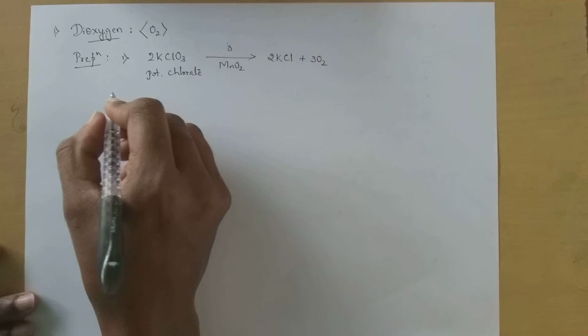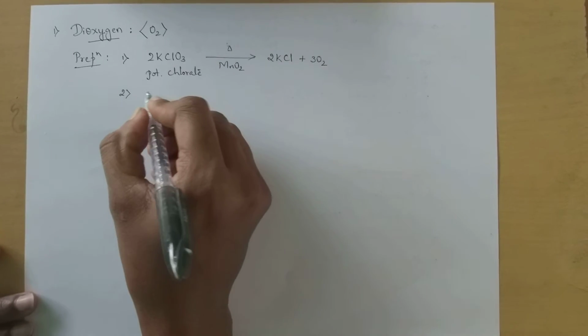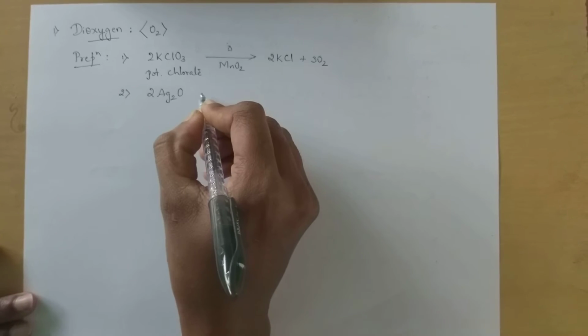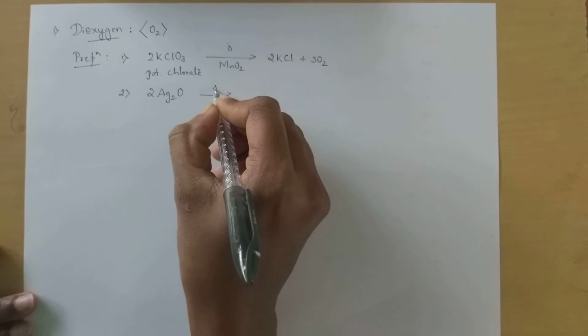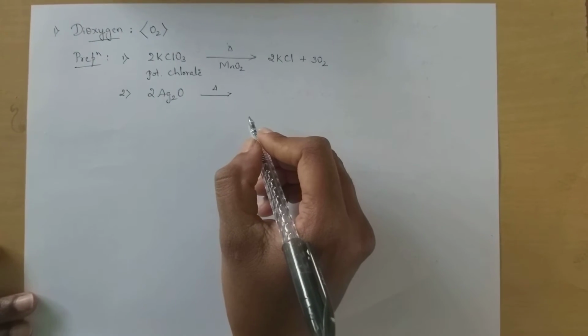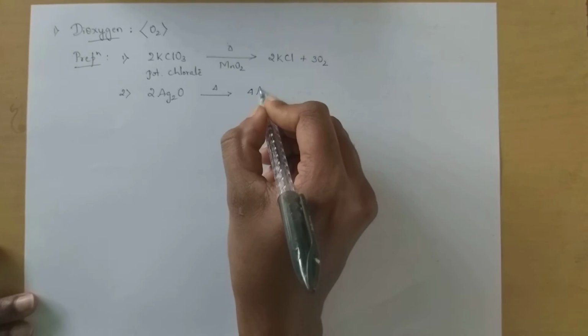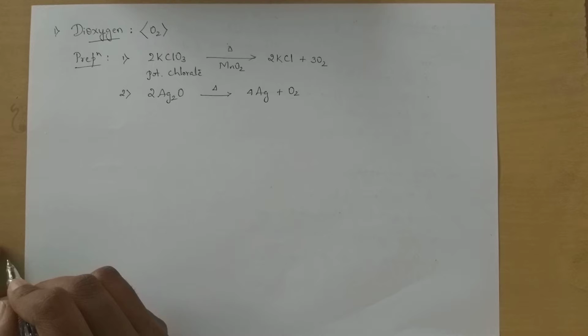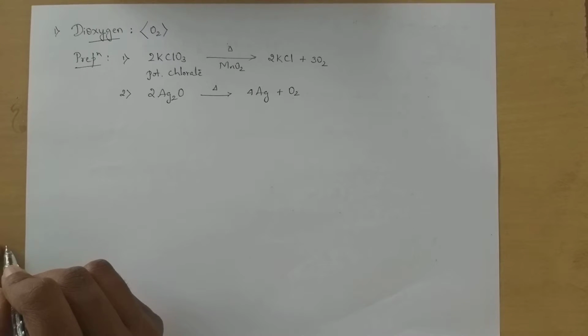So the second method: silver oxide undergoes thermal decomposition to give silver plus oxygen. Particularly oxides of silver, or even mercury oxide, HgO, we can use.